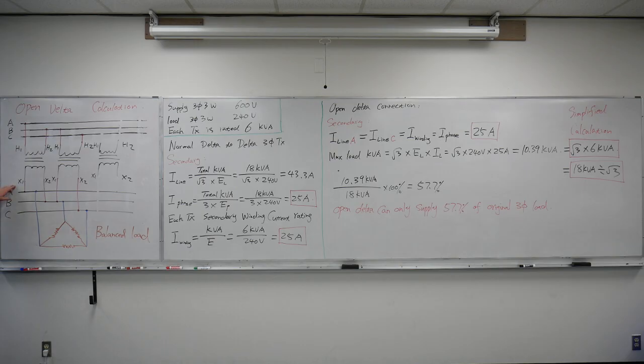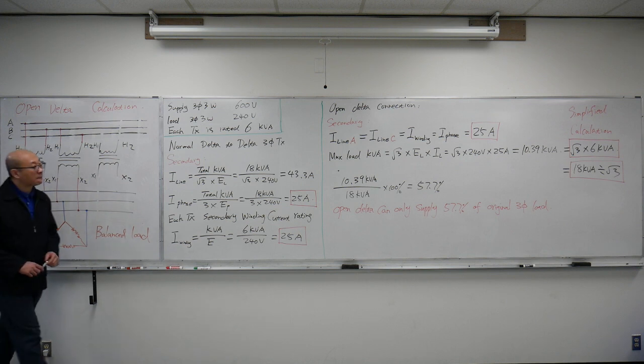For line A, we only have one winding from the phase A transformer connected there. For line C, the same thing happens. We only have one winding from transformer B connected. Line B still has two windings connected, but for line A and line C, we only have one winding connected. That's the big difference. Still, we have three lines, so we can supply three-phase power.